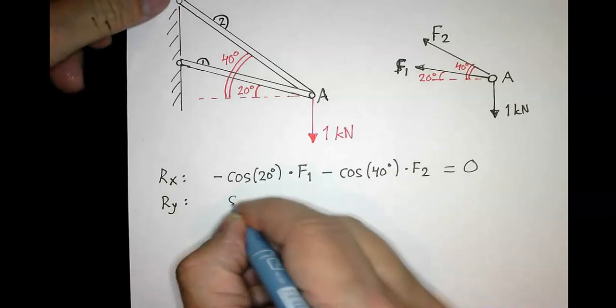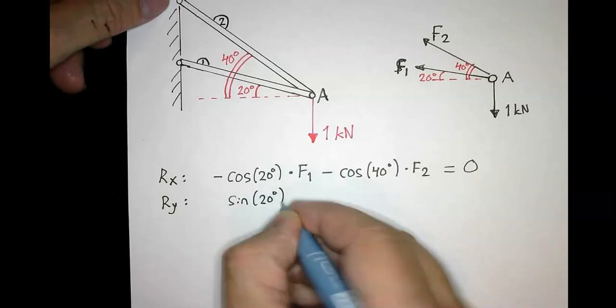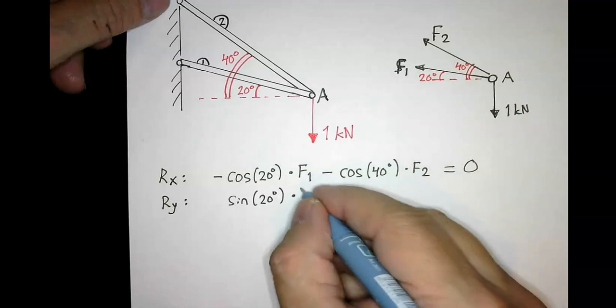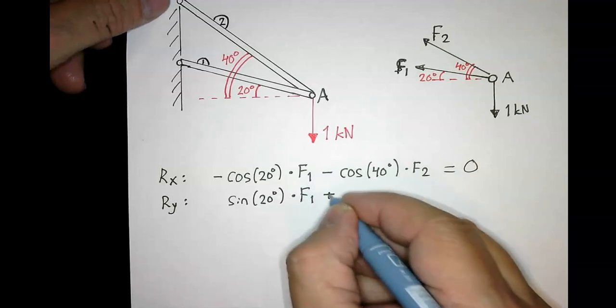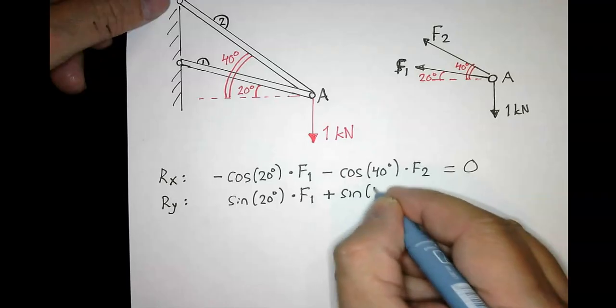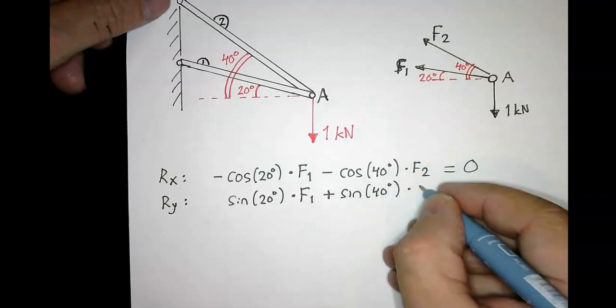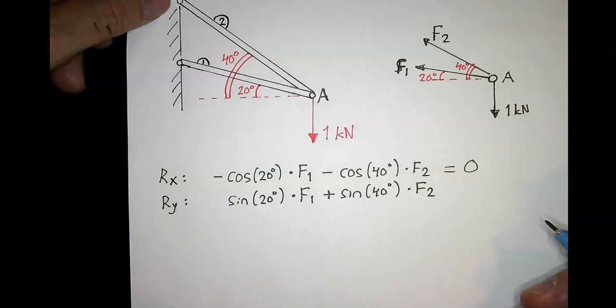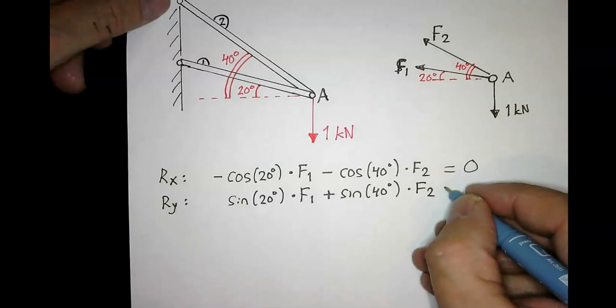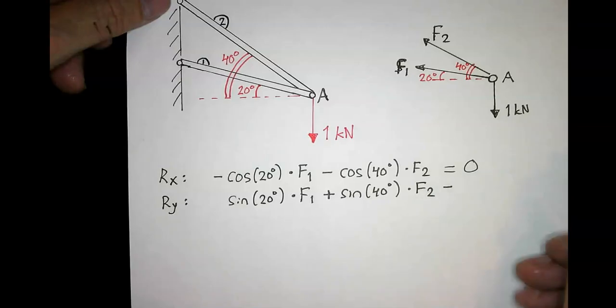So I get sine 20 times F1 plus sine 40 times F2 minus 1.